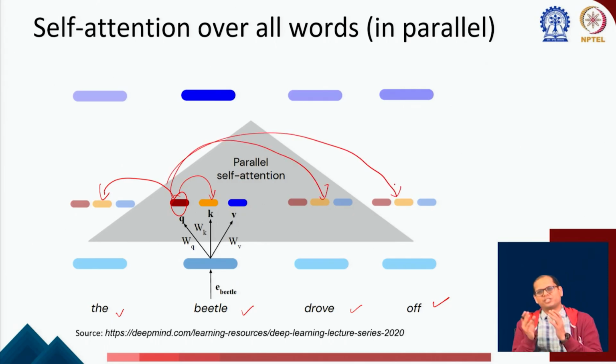It will compute some attention weights and using the weights it will take a weighted average of all the values. And this will be the self-attention output for the word beetle. Now this can be done in parallel for all the words. So you can do it for all the 4 words in parallel. This is what we talked about in the last lecture.